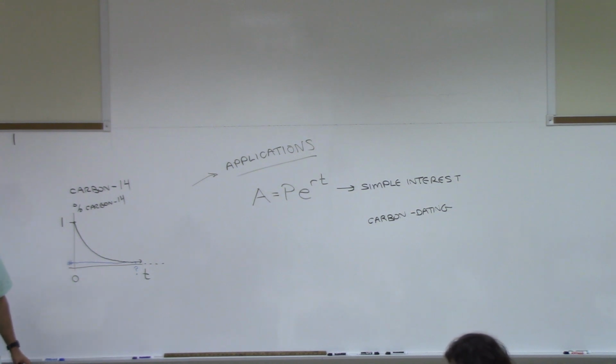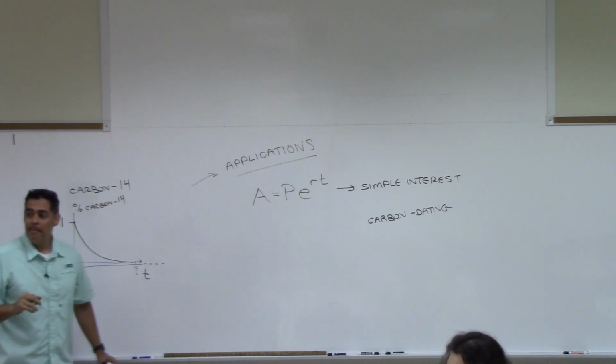All right, so this idea of carbon-14 dating, or carbon dating, is a specific example of what are called half-lives. Have y'all heard of half-life before? Not the video game, but you've heard of half-life, yes? What's that? Like medicines? Yeah, in medicines.